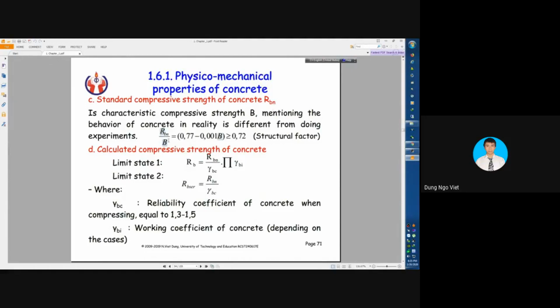And this formula shows the relationship between RBn and B. This is the standard compressive strength.